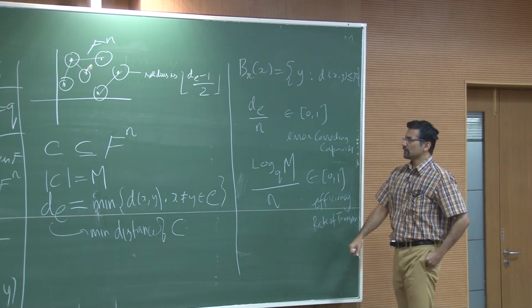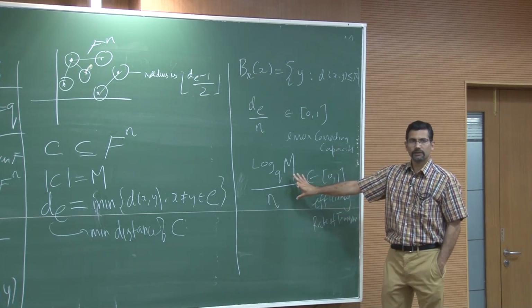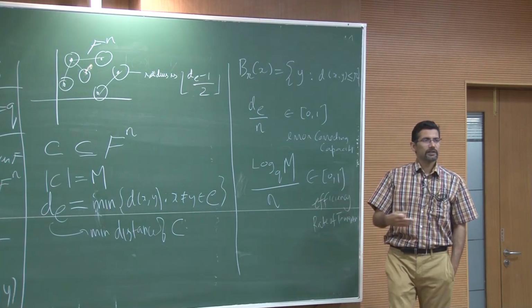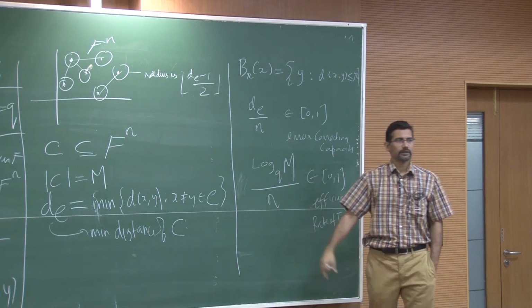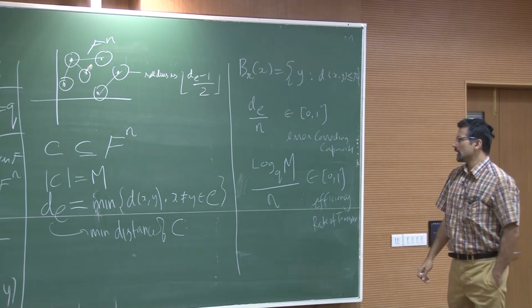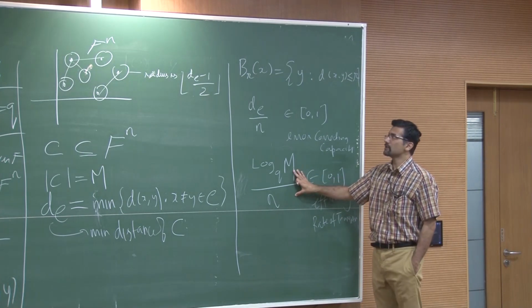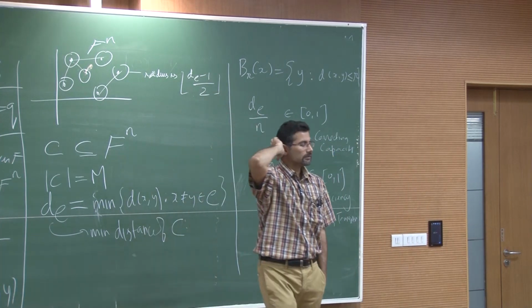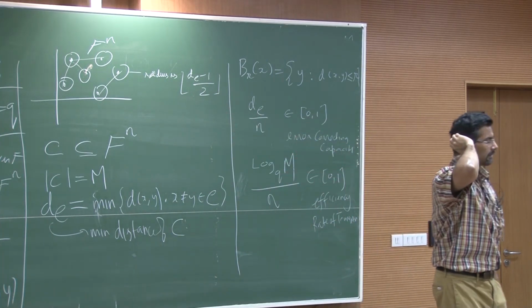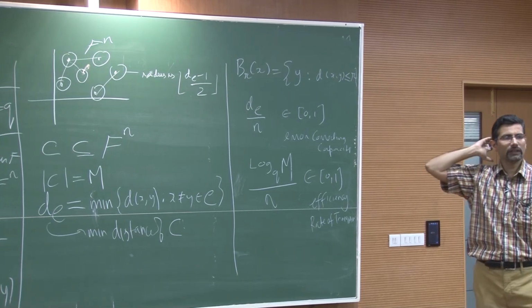So what do you want? You want your transmission to be efficient. If you repeat yourself many times, you are getting error correction, but you are being very inefficient. On the other hand, if you make this 1, that means you are not doing any redundancy at all. Then what happens? You are very efficient, but you can't get error correction.